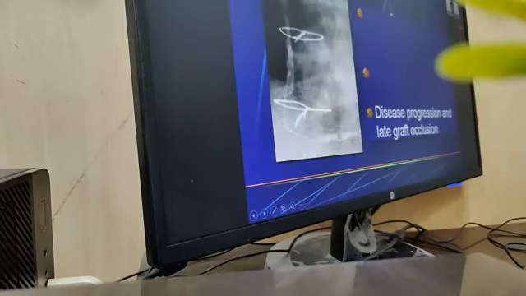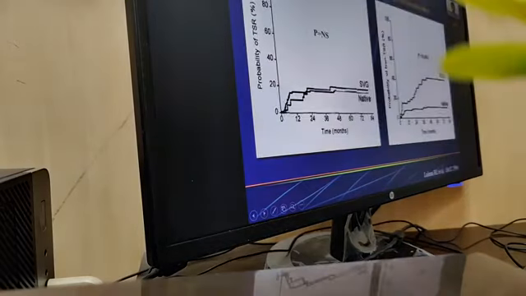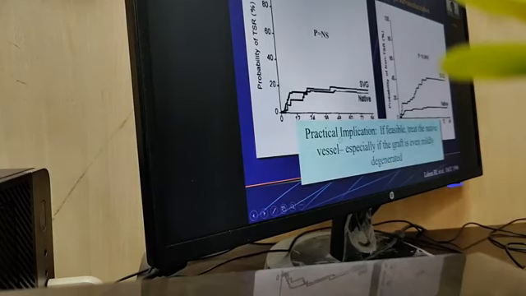Third challenge. We have covered restenosis, and we have covered no reflow or distal embolization. Now the disease progression and late graft occlusion. This is another challenge you have to be aware of. The study looked at 6-year outcomes of SVG versus native vessel PCI. They found that non-TLR was a little high. So the practical implication: if feasible, treat the native vessel.